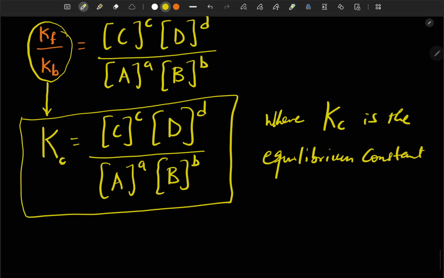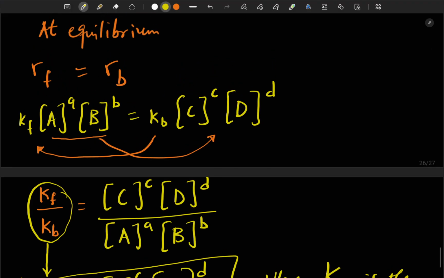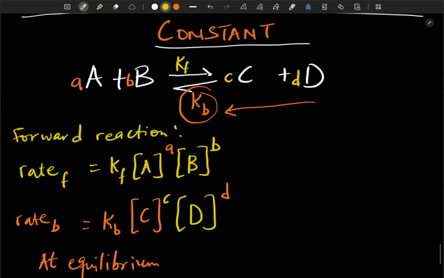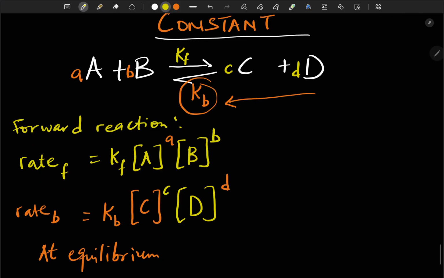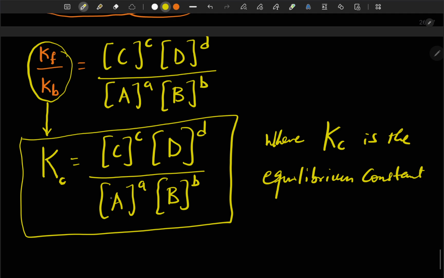So generally, if we go back to the equation, we can see that the equilibrium constant is the concentration of products raised to the power of moles of products divided by the concentration of reactants raised to the power of the moles of reactants.